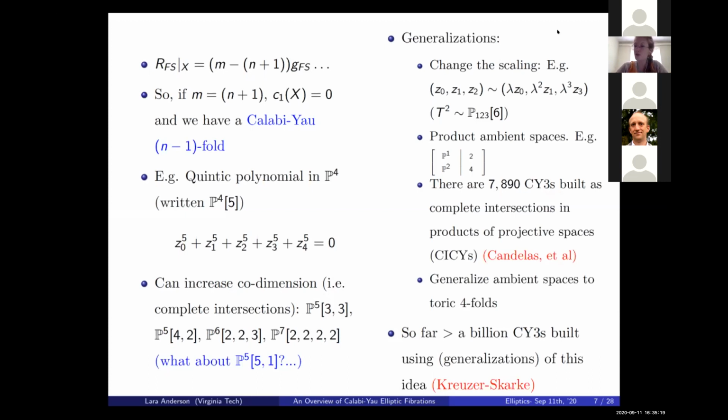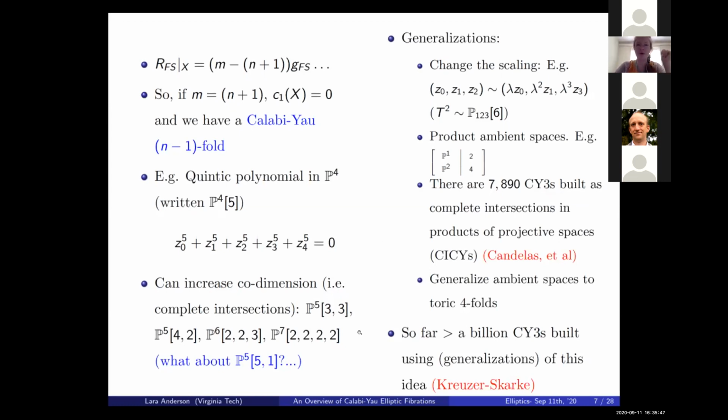And using that toric generalization of these ambient spaces, so far more than 1 billion Calabi-Yau 3-folds have been built. This is the so-called Kreutzer-Skarka database, also mentioned in Albrecht's talk. Okay, so hopefully this gives you a little bit of a feel for how we went from an abstract condition for Ricci flat metrics to now we have explicit algebraic constructions in projective spaces or generalizations thereof.